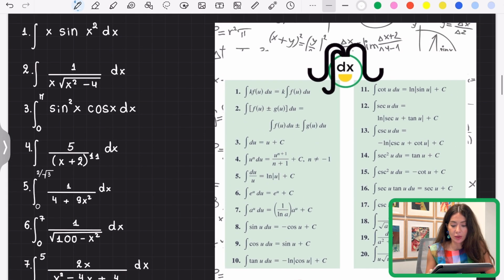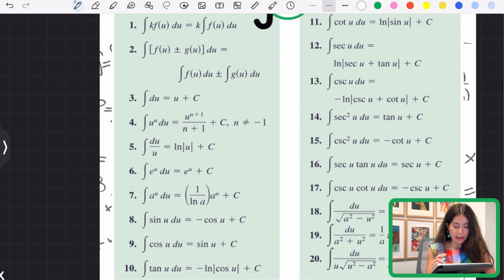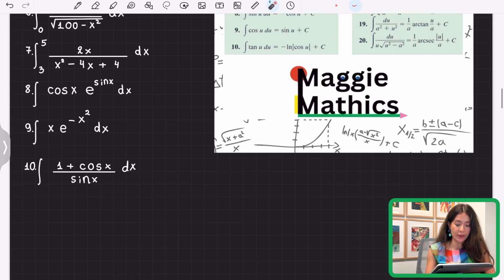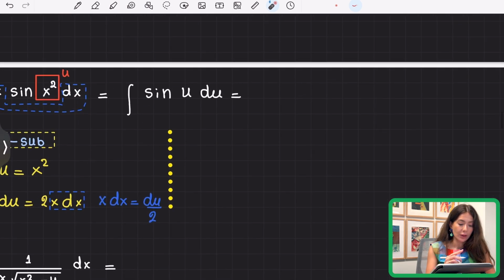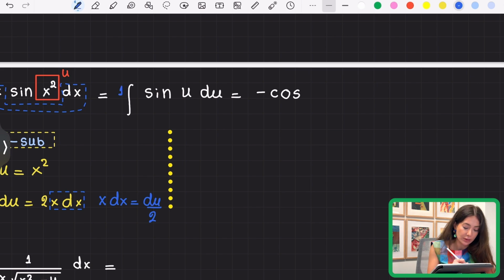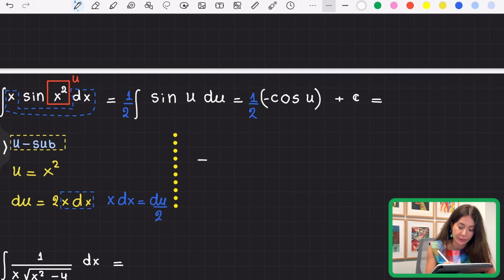So you look in your formula set and you see that the integral of sine is negative cosine u, right? There's 1 over 2 from here. Now you need to back substitute the variable that you started with, because the problem was given in terms of x.